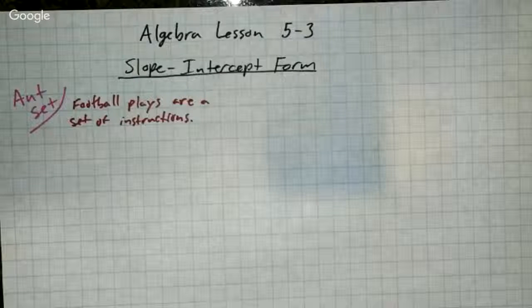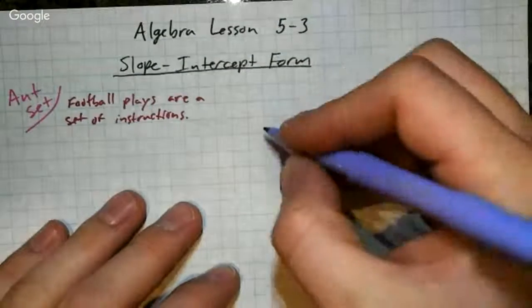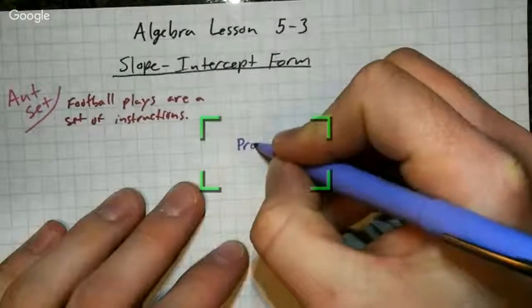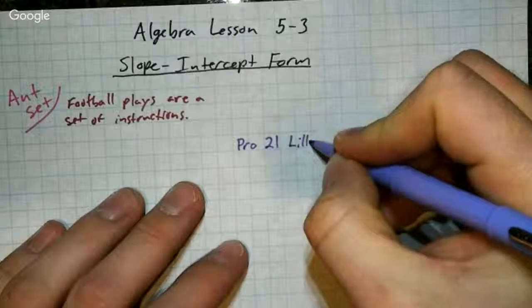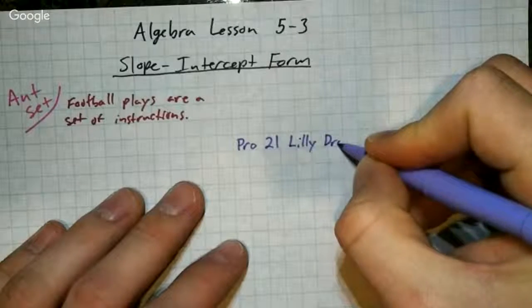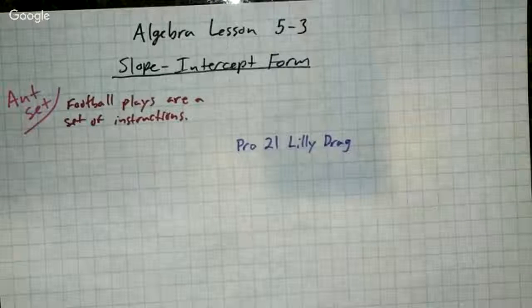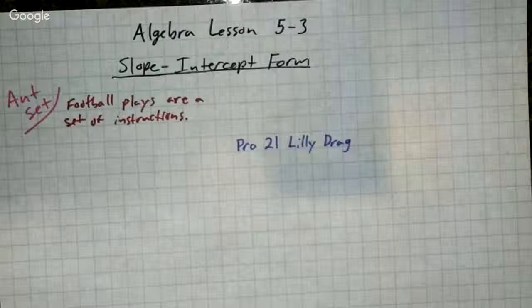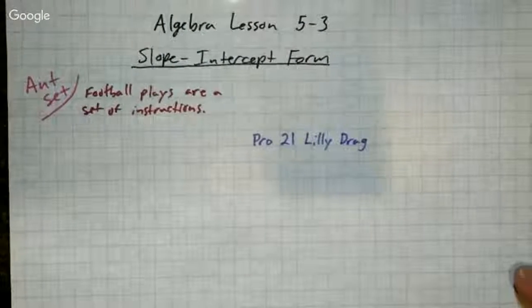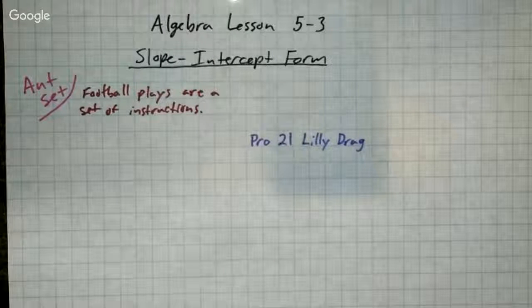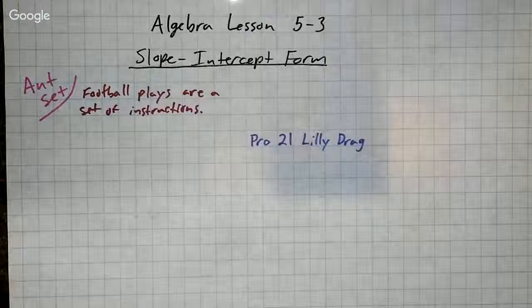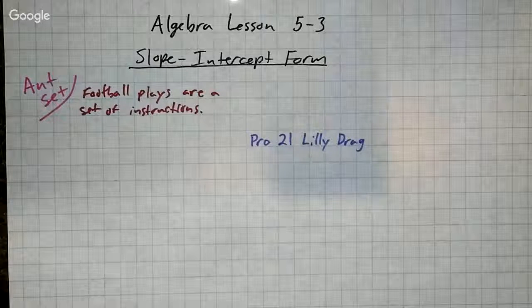When I played football, one of the plays we had was called Pro 21 Lily Drag. We would all get together, all 11 of us, and the quarterback would come in and say Pro 21 Lily Drag on one. And we knew what that meant. It gave us a set of instructions.